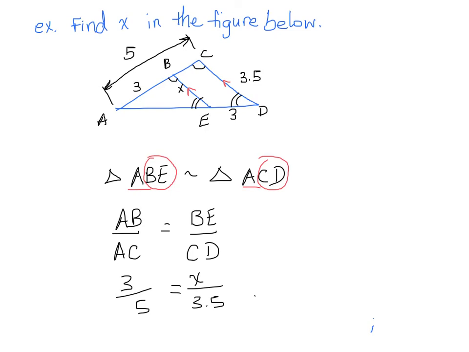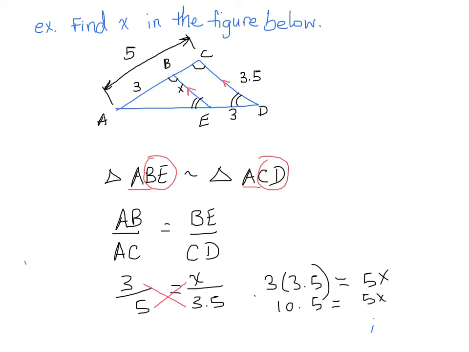Alright, and now we can cross multiply and finish this up. So we multiply that by that, and this by this, and we get 3 times 3.5 on the left side is equal to 5x. Now 3 times 3.5 is 10.5, and that is 5x.